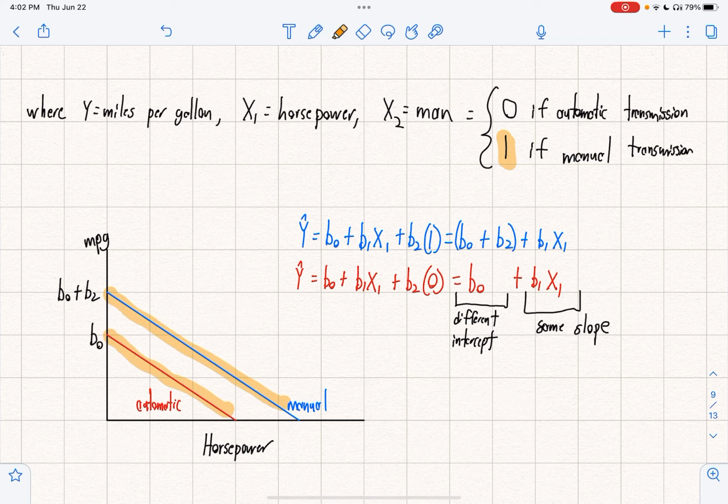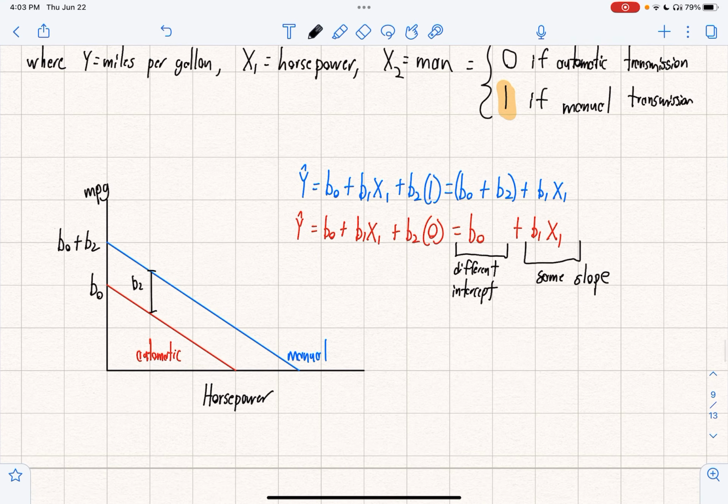They just have a different y-intercept. So we're saying that the effect of horsepower on miles per gallon is the same for both manual and automatic transmissions. We're just saying that overall manual transmissions get better gas mileage by an amount of b2, because the difference between these two lines at any given point, from here to here, is always going to be equal to b2.